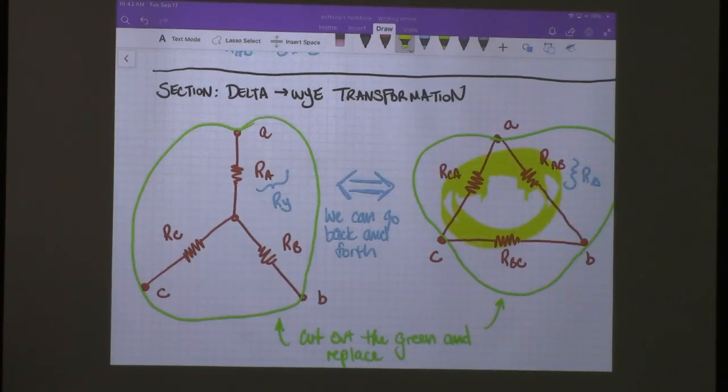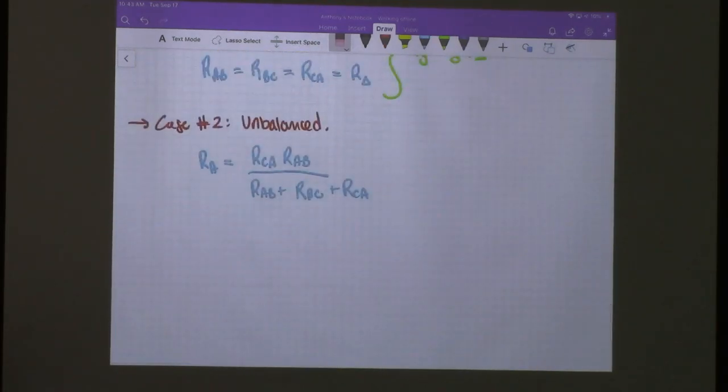That's what that's saying. And this value right here, the denominator, I'm going to go ahead and call RABC for the delta. It's the sum of all of them together. Or maybe a better name is I'll call it R sum delta.